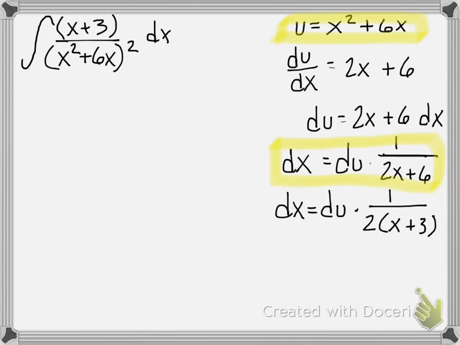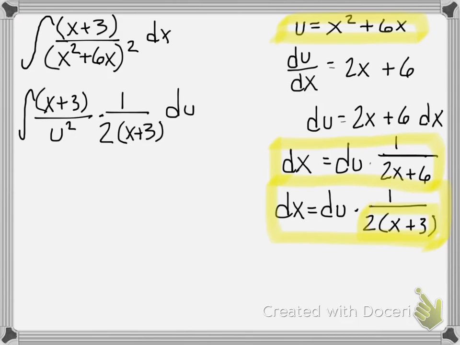But if you look, the 1 over 2x plus 6 could factor, you can factor out a 2 out of the denominator, and you'll have du times 1 over 2 times x plus 3. And if you look, the x plus 3 right there will be able to cancel with the x plus 3 right up here. Once we actually go through and plug everything in, you'll be able to see that.